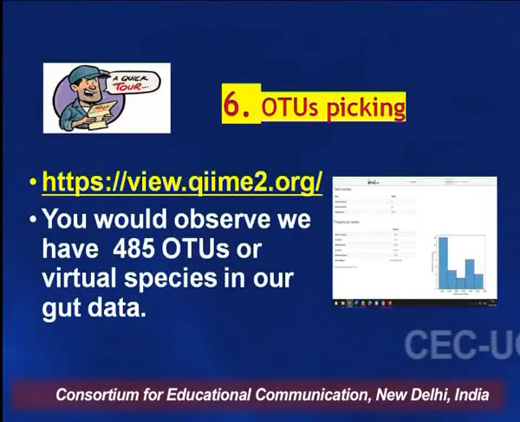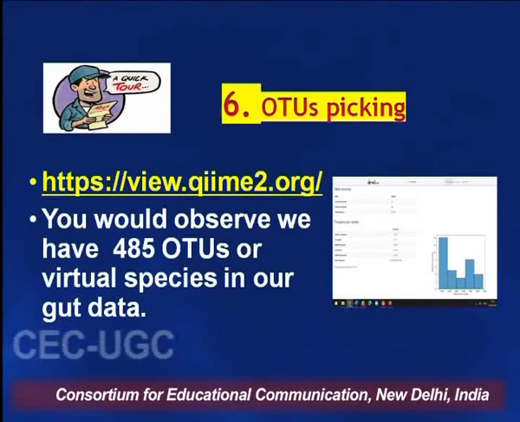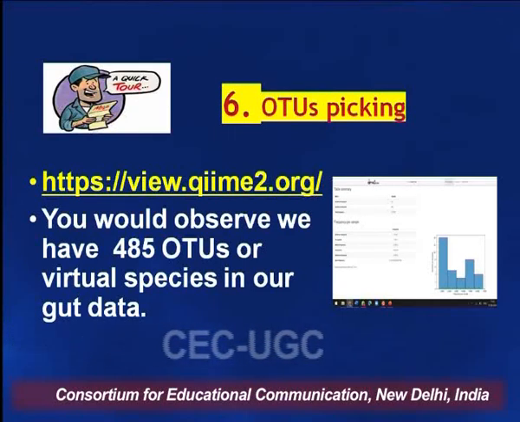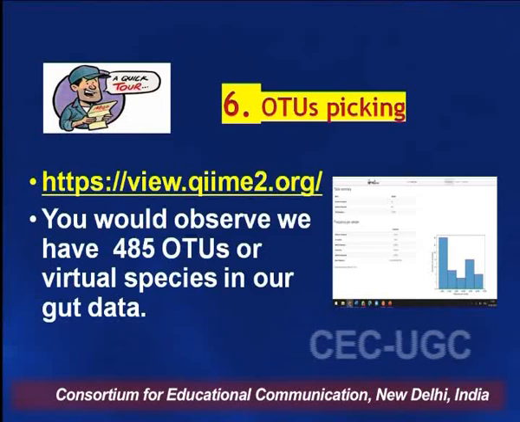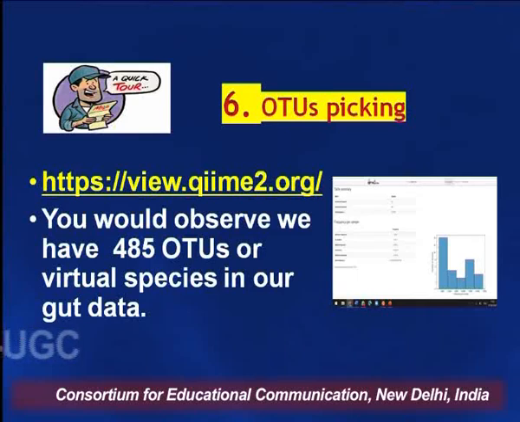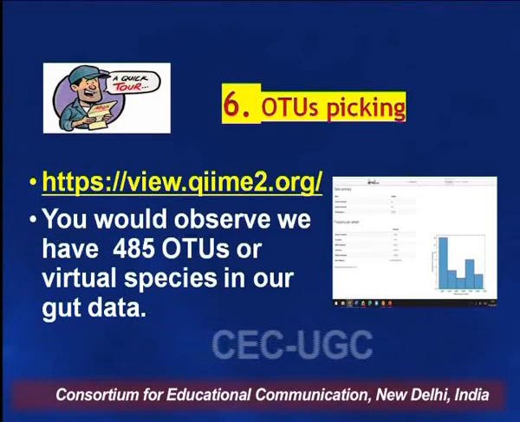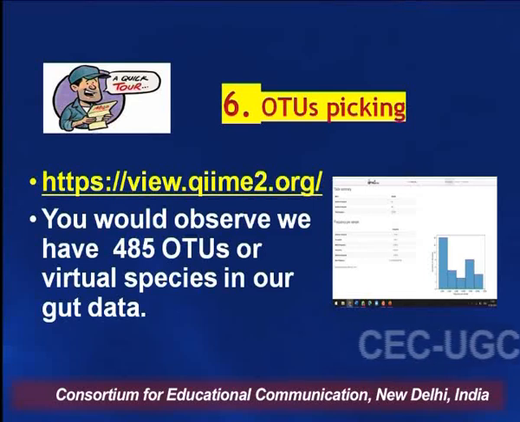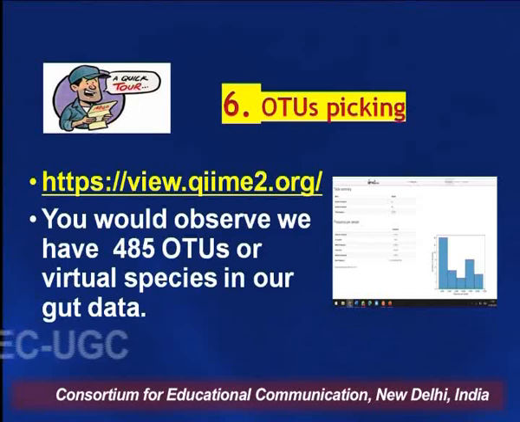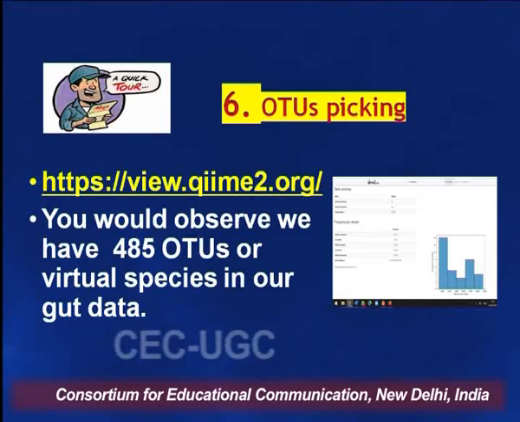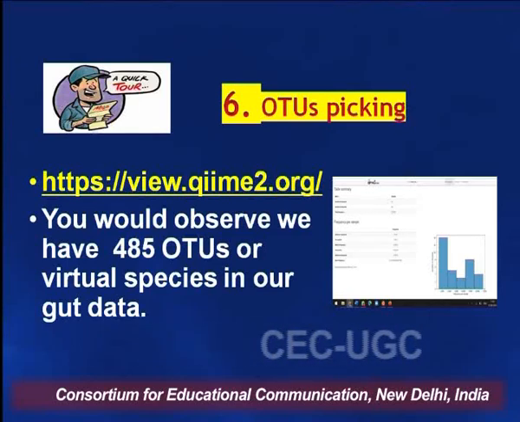Then you pick the OTUs, and from my 99,000 sequences in this study, which I analyzed with the help of QIIME, I found 485 OTUs. That means in the gut data which I am studying, there are 485 bacterial sequences. Mostly those were bacteria, that is why I could say bacterial species present.